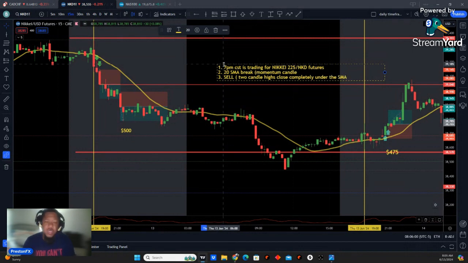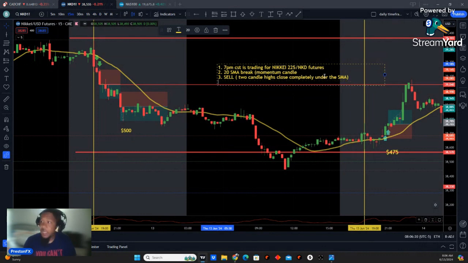We're just going to do the sale today. I'm saying two candle highs have to completely break under the 20 SMA. Momentum candles. At 7 p.m. Central Standard Time. That's what we're looking for.